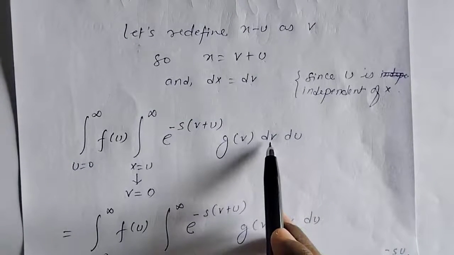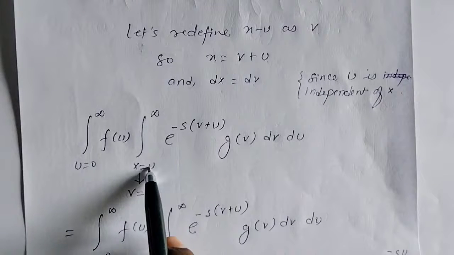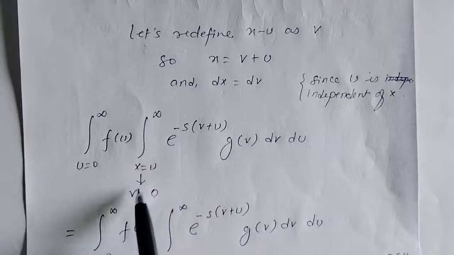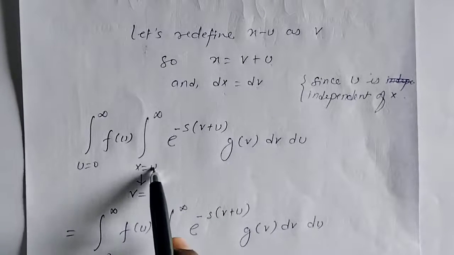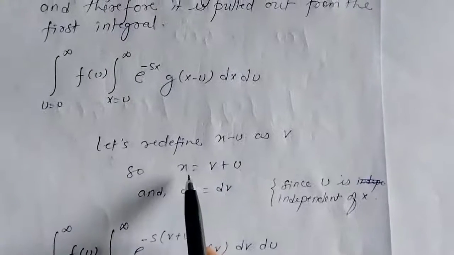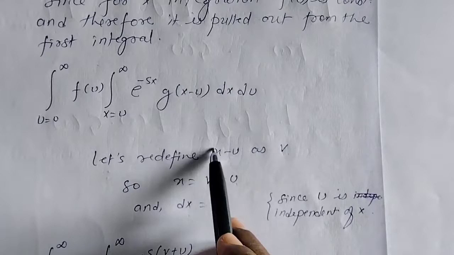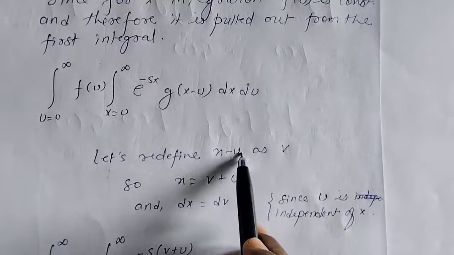Now see, earlier x was starting from u, so now v will start from what? Here x minus u equals v. So x starts from u. When you plug in u here, u minus u becomes 0, which means v starts from 0.